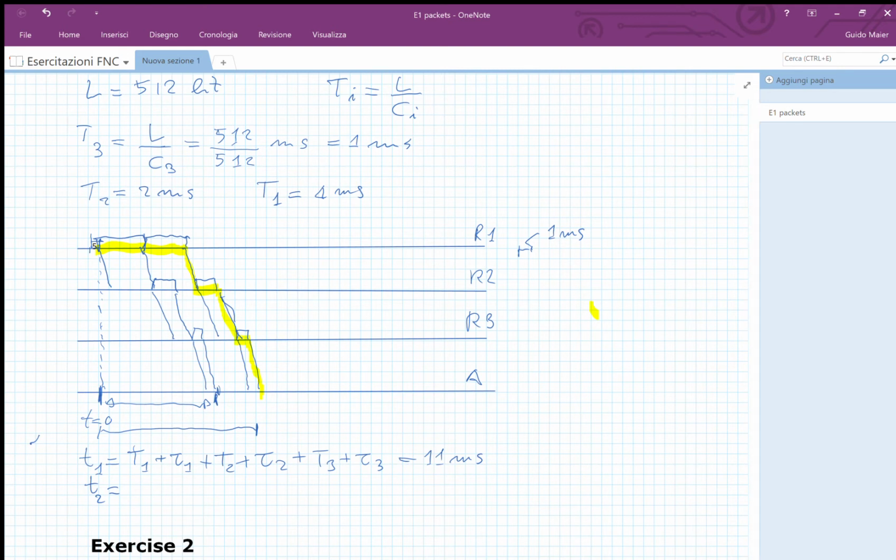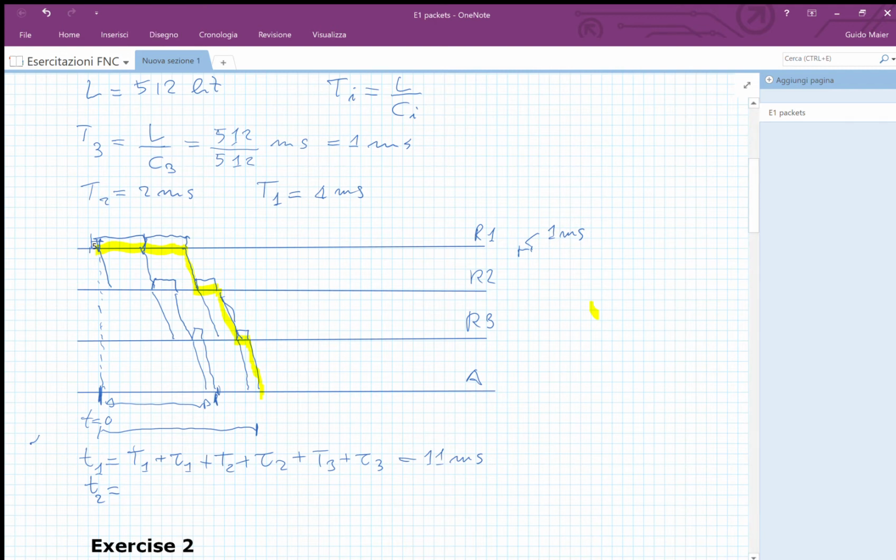So now you immediately identify the components of the transfer delay, because here you have propagation delay tau 3, then transmission time t3, propagation delay tau 2, transmission time t2, propagation delay tau 1, and then 2 transmission times, twice t1.